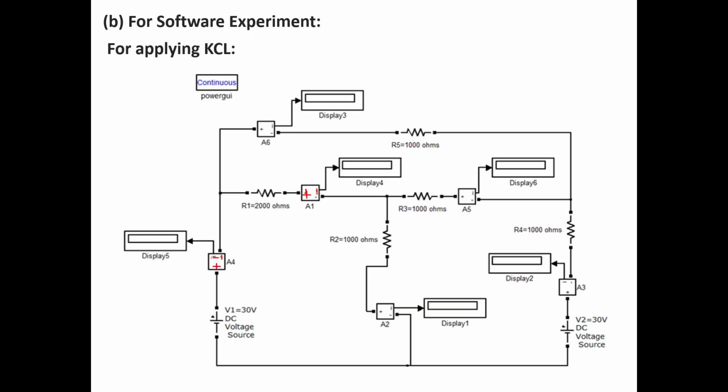Plus, this is I. This is minus. Similarly, in series to this 1000 ohms, a current measurement is connected. So this is plus. This is I, small I, and this is minus.